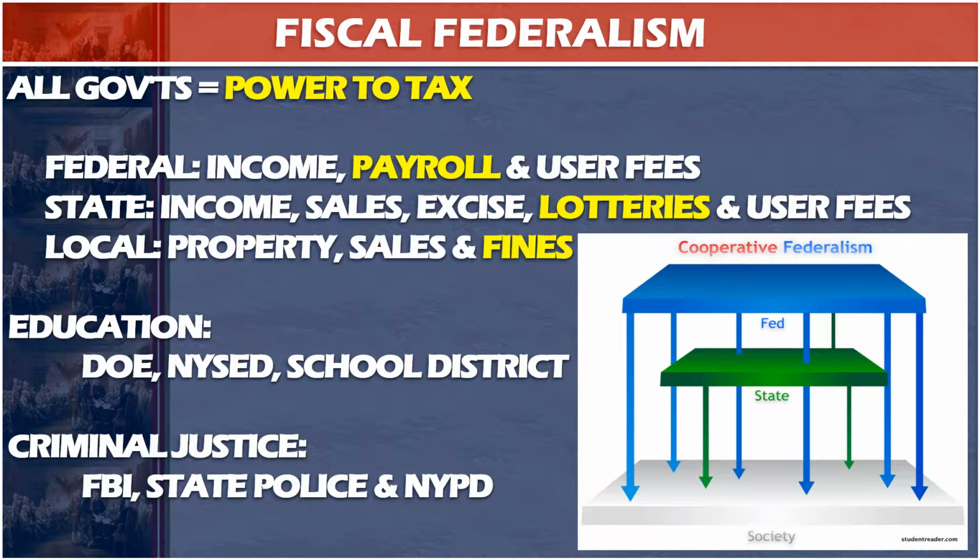But what often you have is different organizations at different levels of government more or less doing the same thing. And what you see is money coming from one and then spent on another. So the Department of Education doesn't really control a school district, but it does disperse money first to things like the New York State Education Department, and then the New York State Education Department might redistribute that money to the local level.